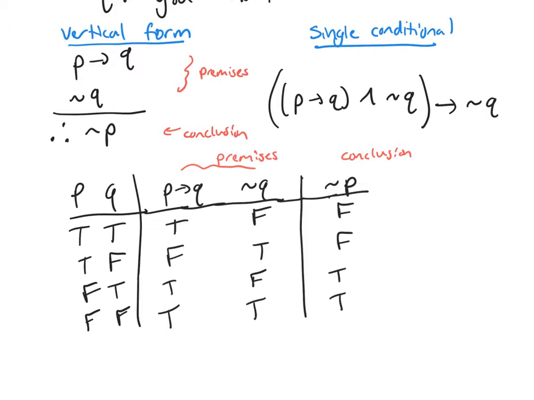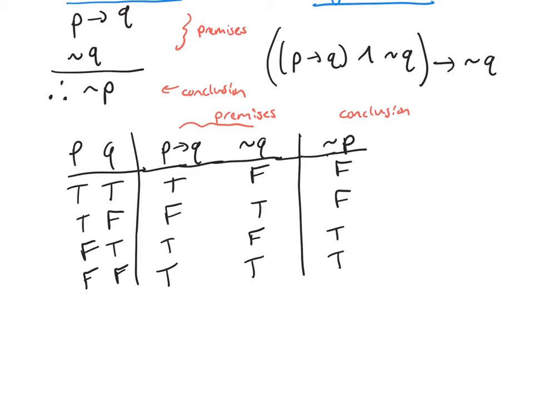And now we need to circle our critical rows. Our critical rows are rows where both your premises are true. So we're only looking at these middle parts here where they are both true. It's only going to be in this last row. So I've circled my critical row.